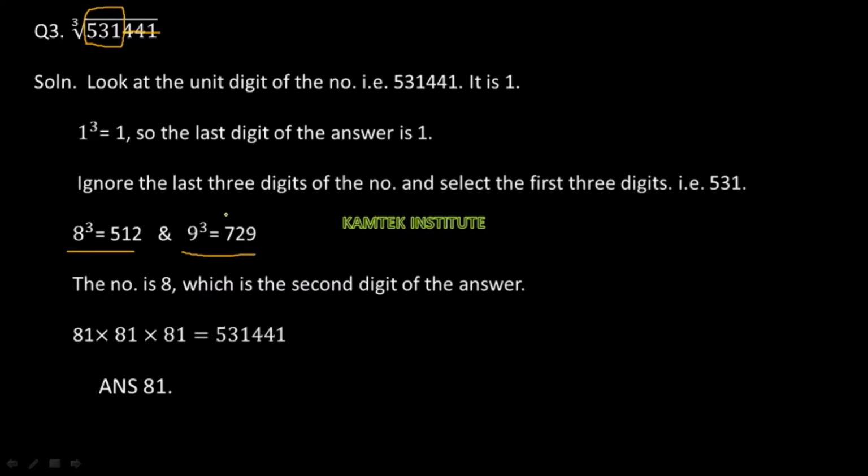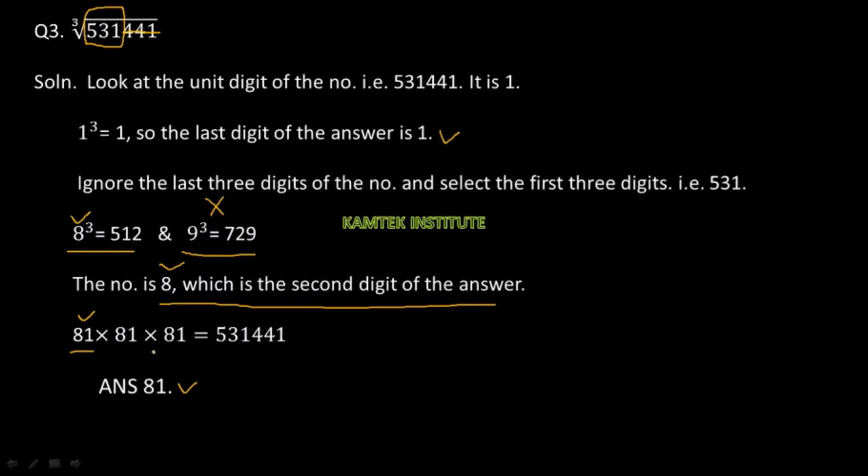But 729 is more than 531, so we'll ignore 9 over here, and since 8 cube is 512, which is less than 531, we'll take 8. So 8 will be the second digit or the 10th digit of the answer we're looking for. So we could find the unit digit also, we could find the 10th digit also. So the cube root of the number 531,441 is 81, right?